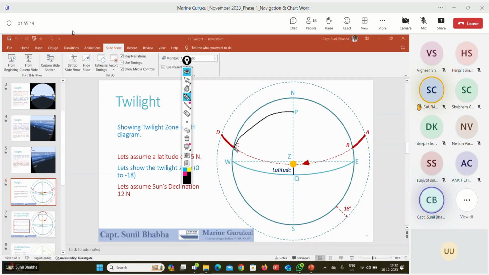This PC is the meridian of the sun, and if I join C to Z, this becomes the vertical circle of the sun. Now in this case, beta, ZC is 90 degrees, and PC will be 90 minus declination of the sun. Whatever is the declination, it will be 90 minus declination.